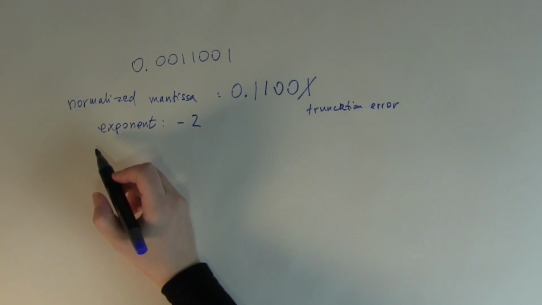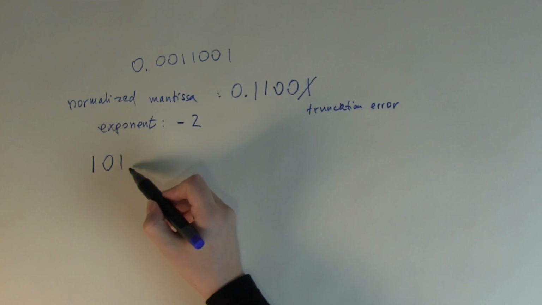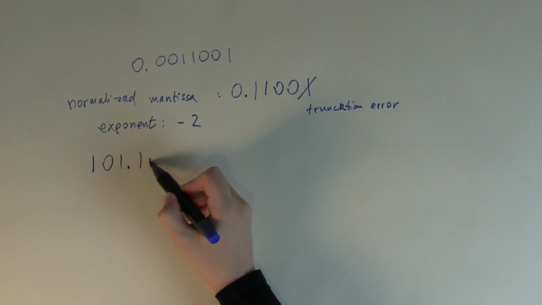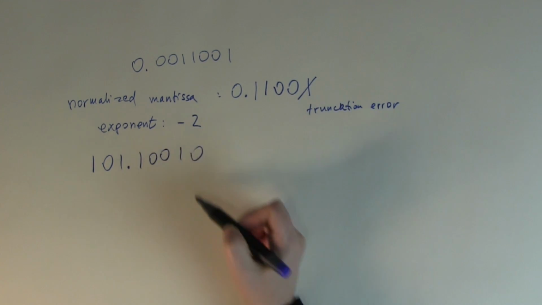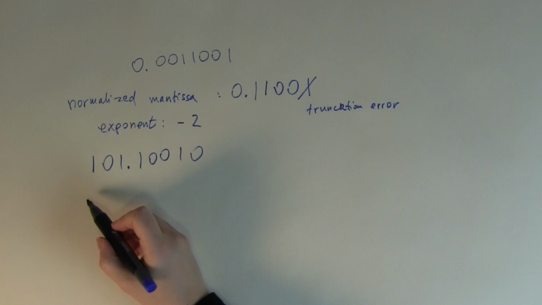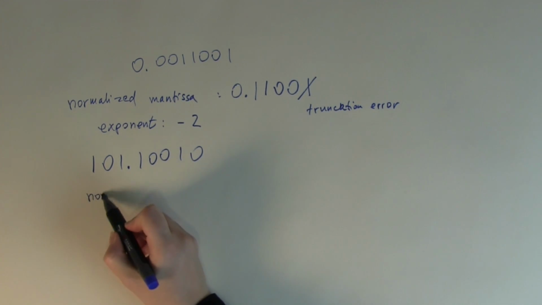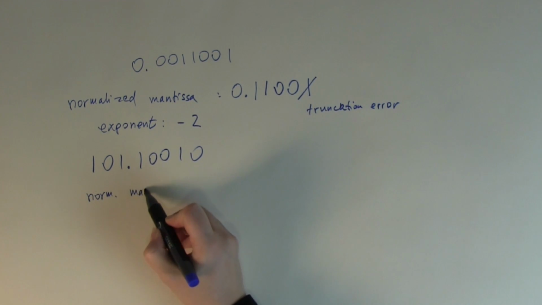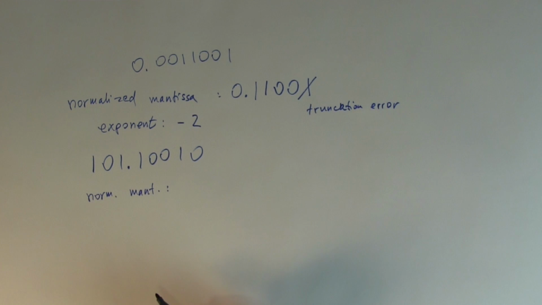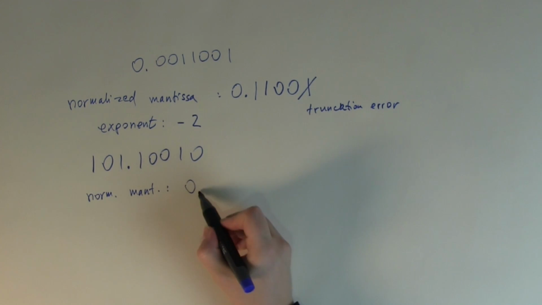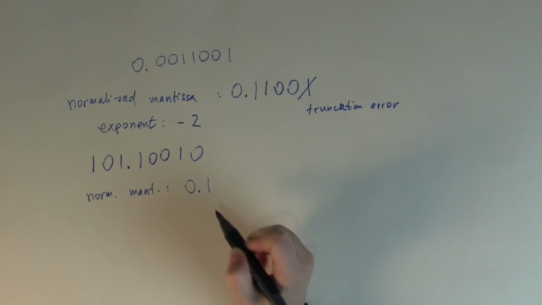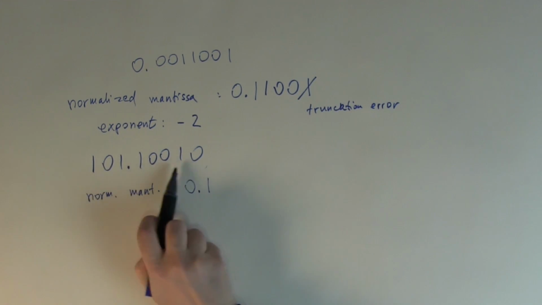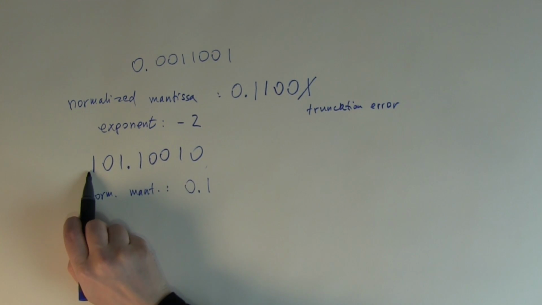Second example, 101, radix point 10010. Again, how do we do the normalization? Again, it has to be 0 radix point 1. And if I look at this number, that means I would need to move the point here.